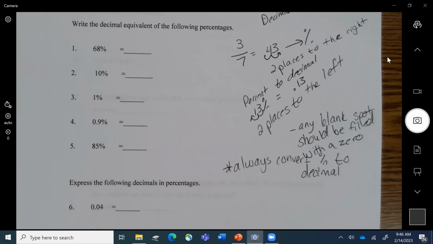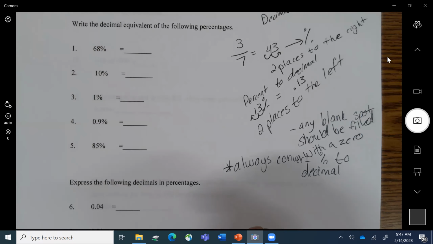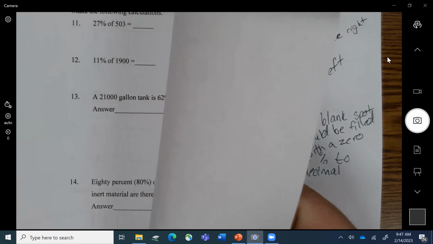We won't really do any of that work in here because we're going to focus on unit conversions and all that stuff. But I'm just telling you for future reference on your own, whenever you're doing this, you should always convert percent to decimal, okay? If you don't, I'm promising you, your math will be wrong. And on a test, they will be wrong answers based on not converting percents to decimals, okay? So just want to be very clear with that.